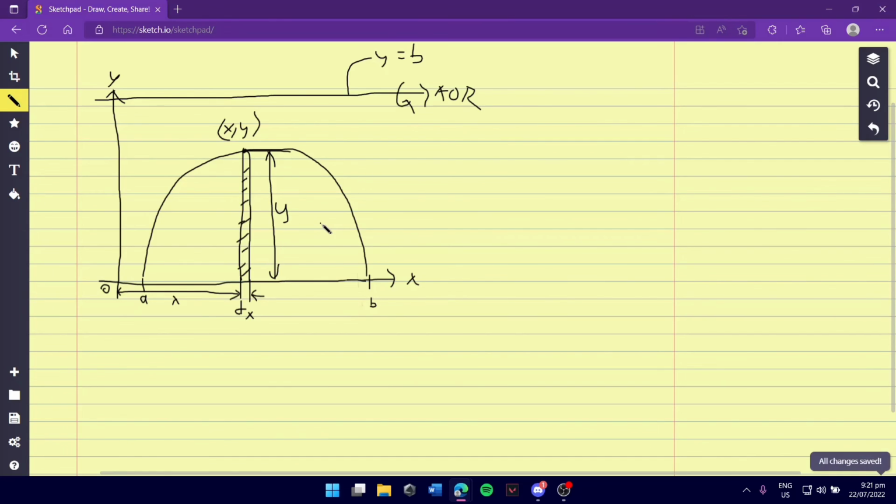Next, from your axis of rotation to your x-axis, this is called your b, since it is attached to your axis of rotation, which is y equals b. Next, we'll find the value of the height from your curve to the axis of rotation. Since this is b and this is y, this will be called b minus y.